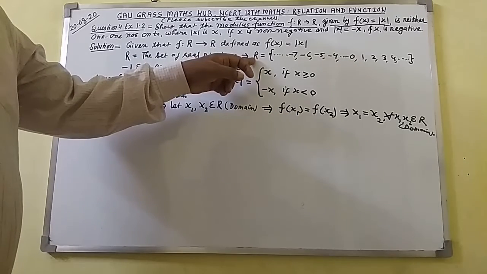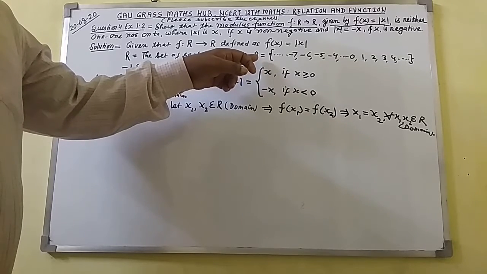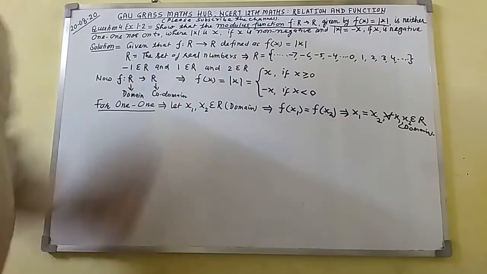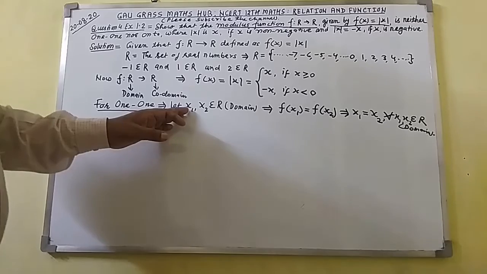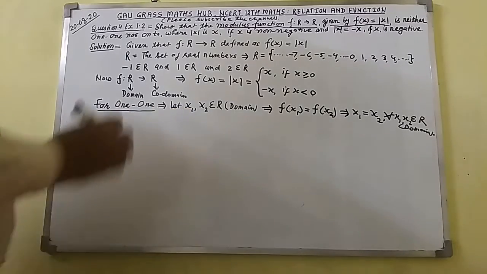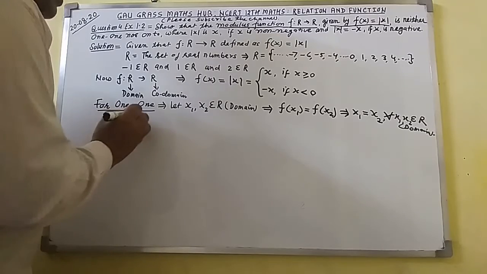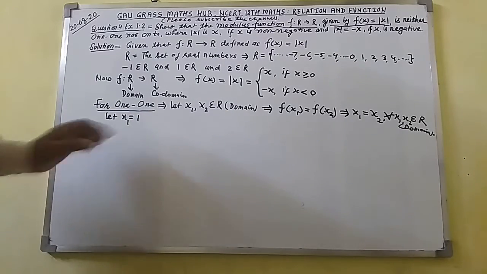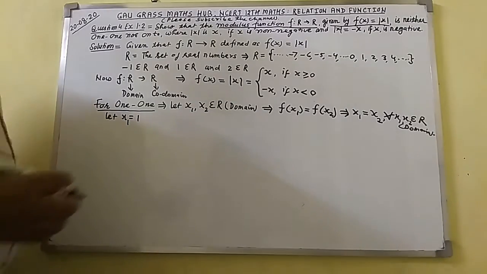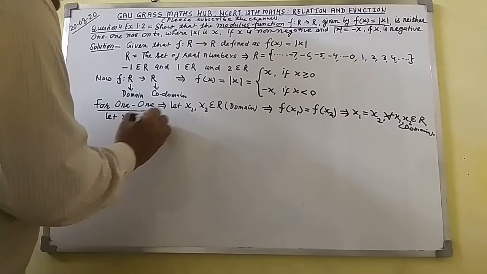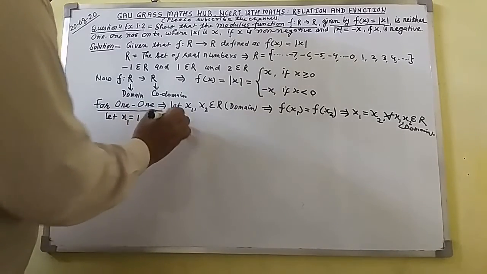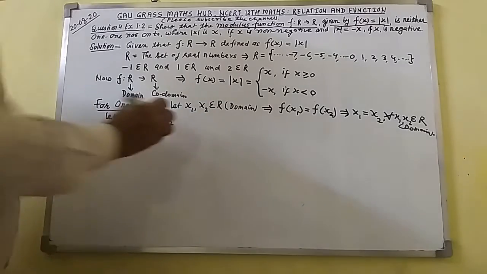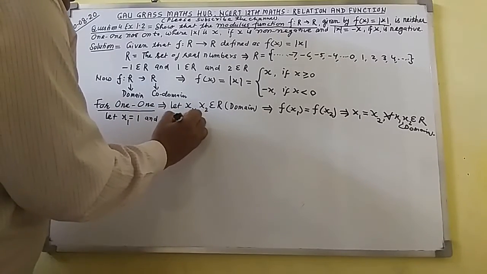Now here I have defined the set capital R, and these are the elements of the set capital R. So if you take x1 equal to 1, let x1 equal to 1 and x2 equal to minus 1.